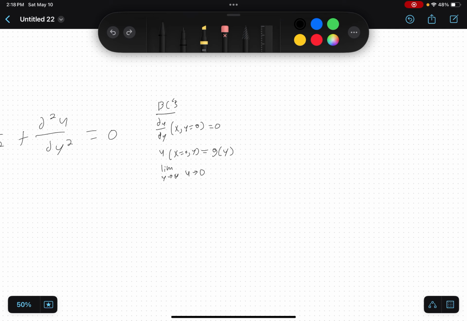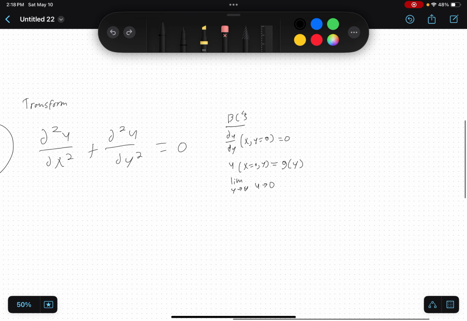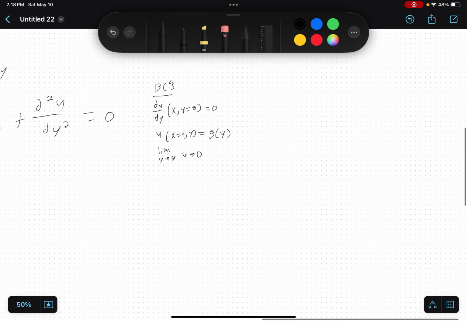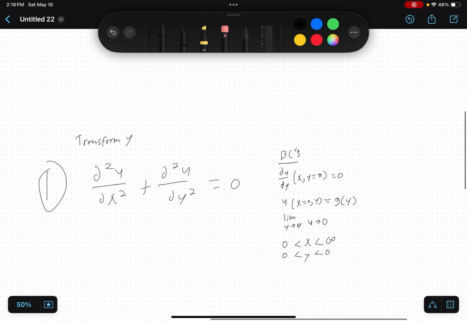So 0 is less than x less than infinity, and 0 is less than y less than infinity. Okay, step one.